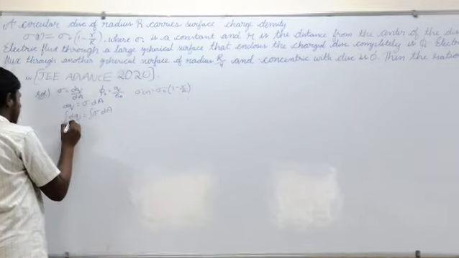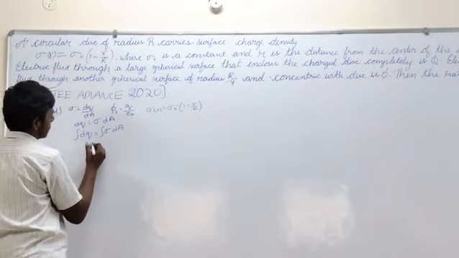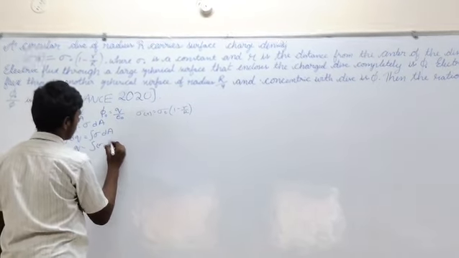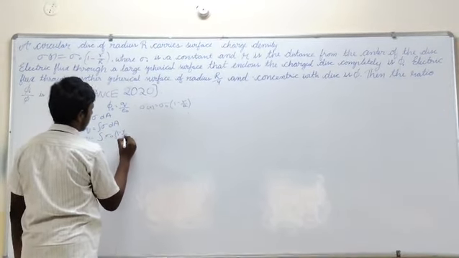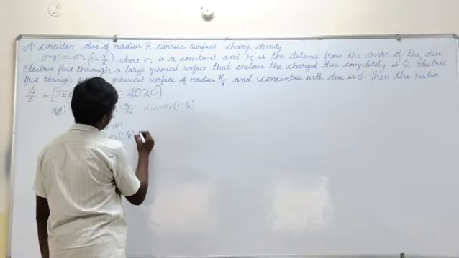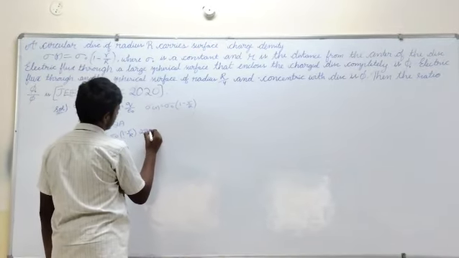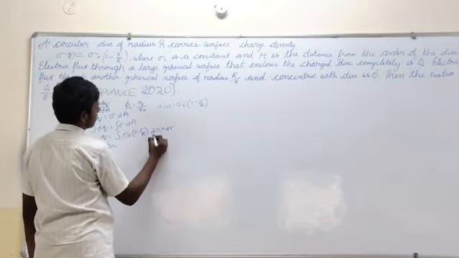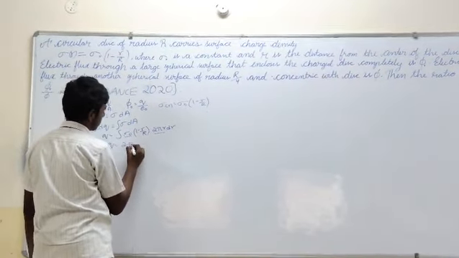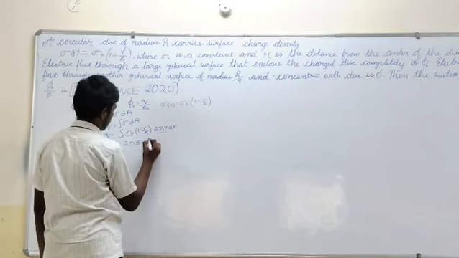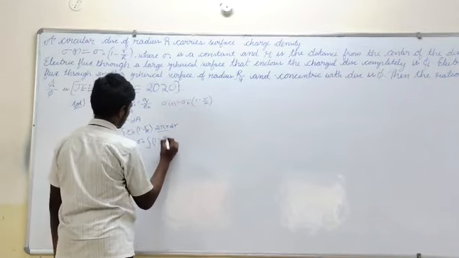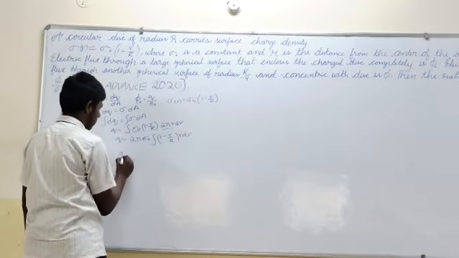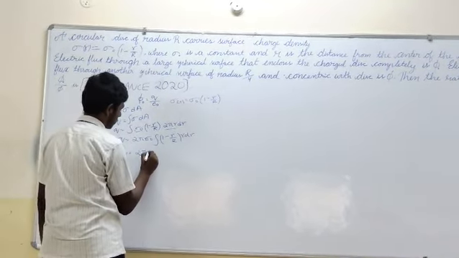The integration of dq is Q, and in the place of sigma we write sigma naught into 1 minus r by R. For dA we should write 2 pi r into dr. Q is equal to, here sigma naught and 2 pi are constant, so they come out, 1 minus r by R into r dr. Q is equal to 2 pi sigma naught.